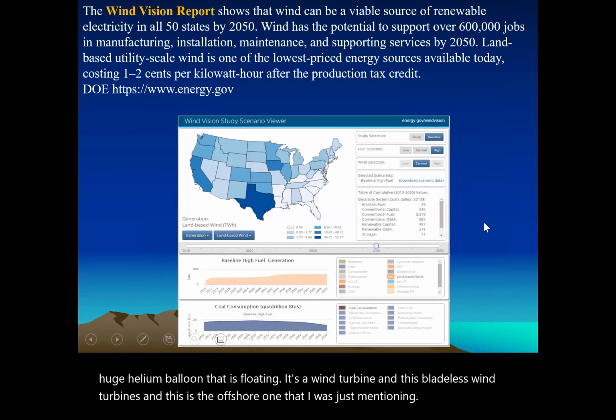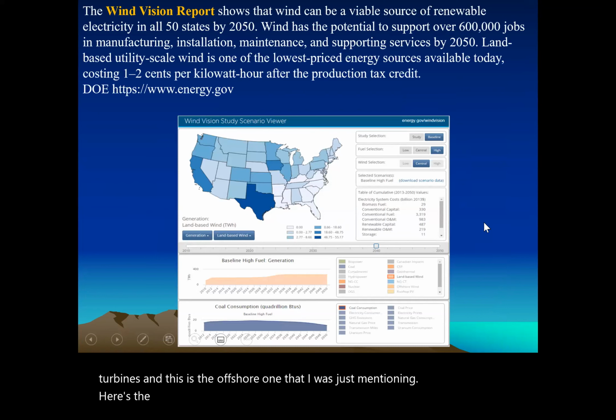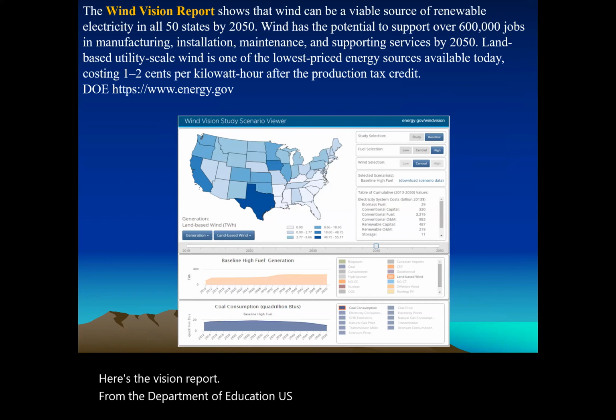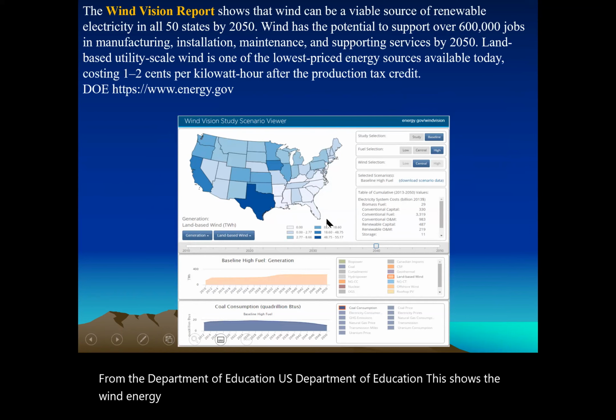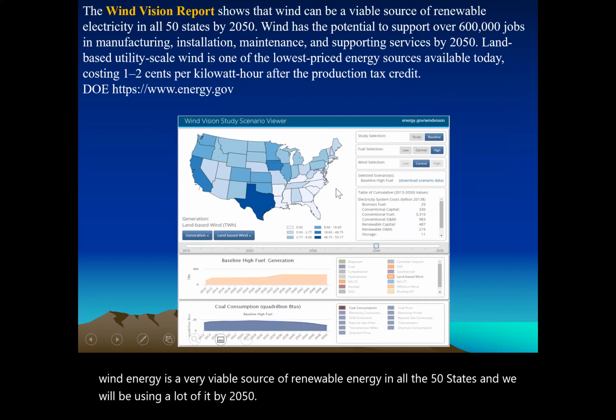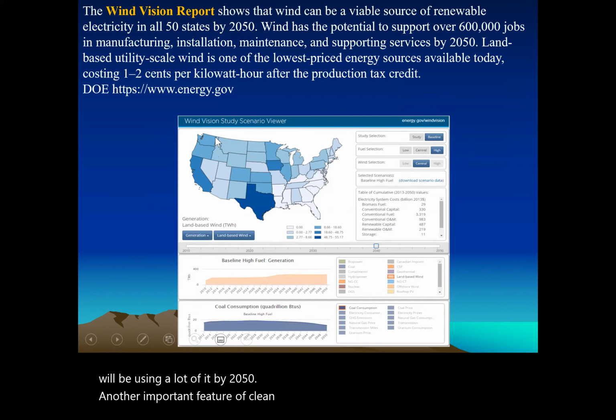Here's the vision report from the US Department of Energy. This shows that wind energy is a very viable source of renewable energy in all 50 states, and we will be using a lot of it by 2050. Another important feature of clean energy, both solar and wind, is that it's creating a lot of jobs.